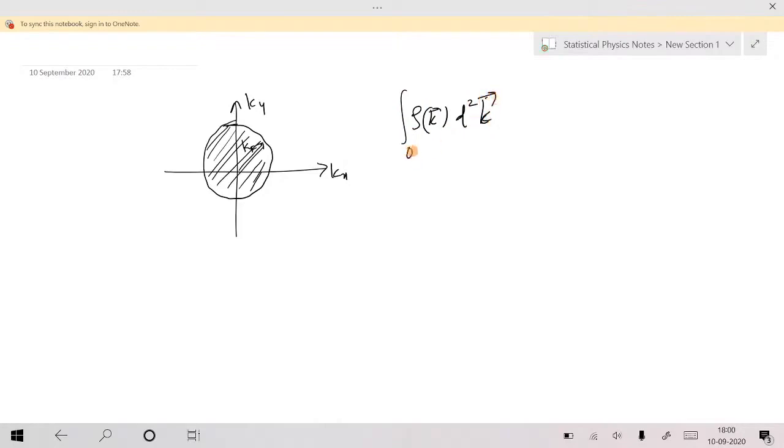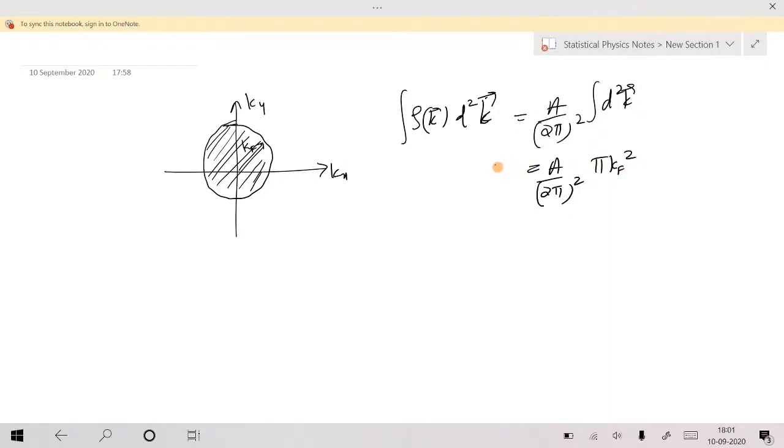If you integrate within this circular patch, you will have A by 2 pi the whole square, and the integral of d square k within this will become pi into kf square. I hope you got this idea, isn't it?